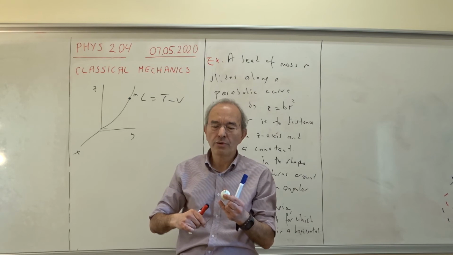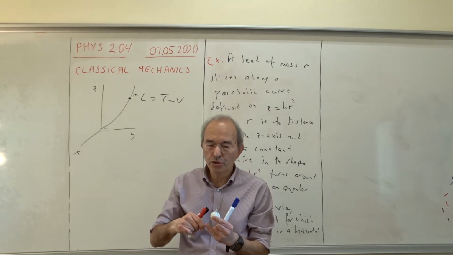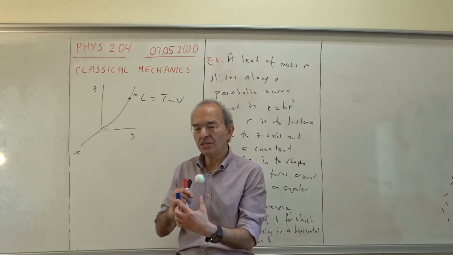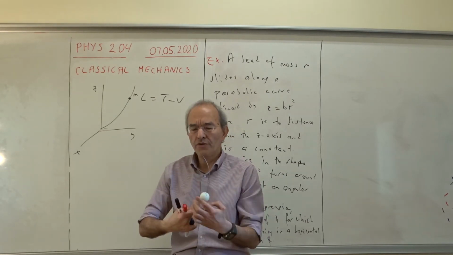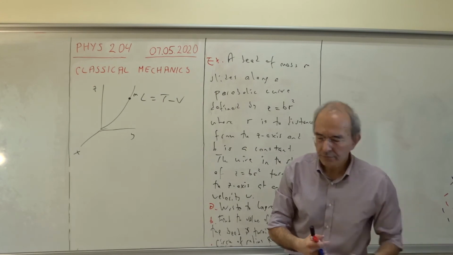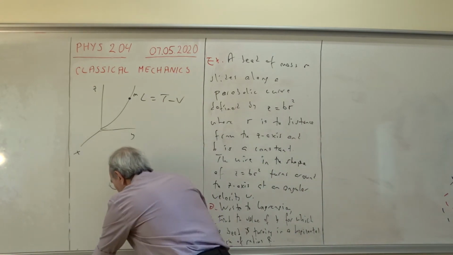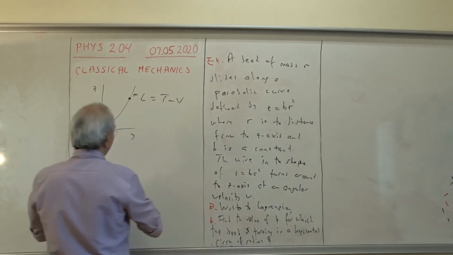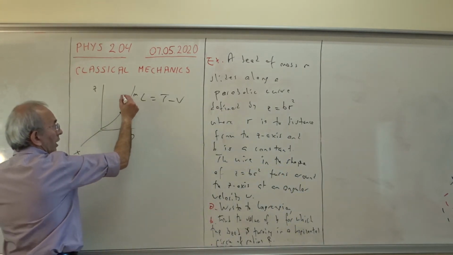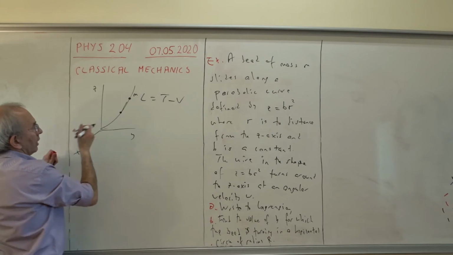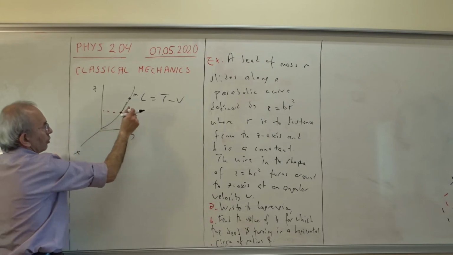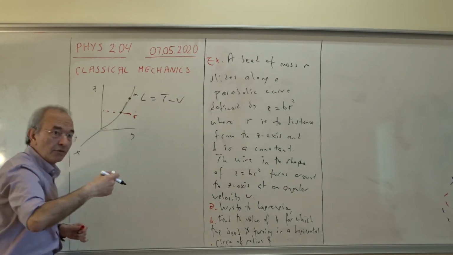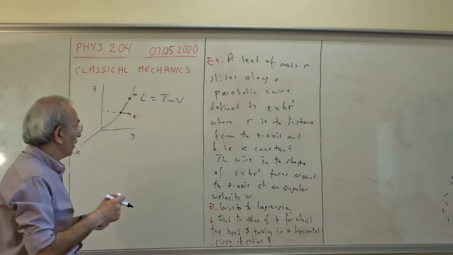As it moves from a lower position to a higher position, its radial distance from the z-axis increases. So if it is moving upward, r dot is a positive value. If it is moving downward, r dot is a negative quantity.